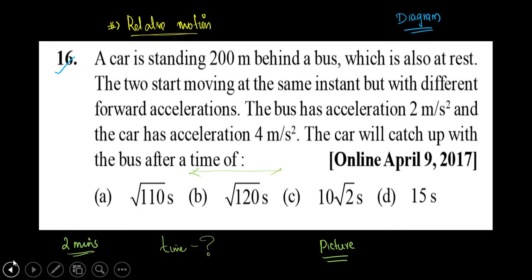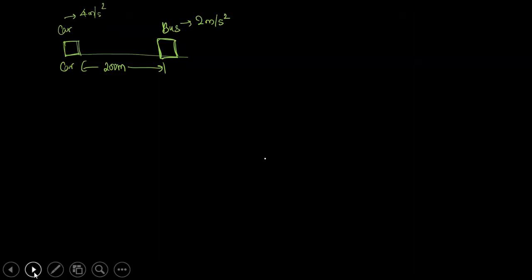I hope you have taken those 2 minutes, right, guys? Now listen, this is my car. It's 4 meter per second square. It's moving. And at a distance of 200 meters apart you can see the bus, which was moving with 2 meter per second square, different accelerations.